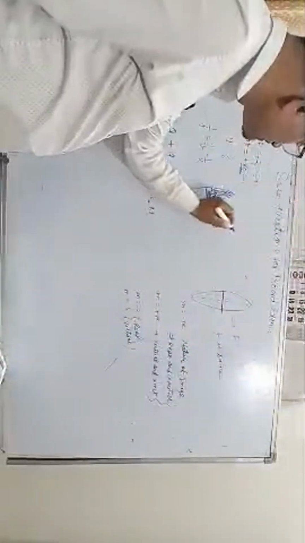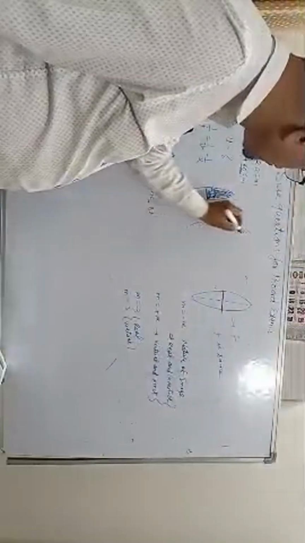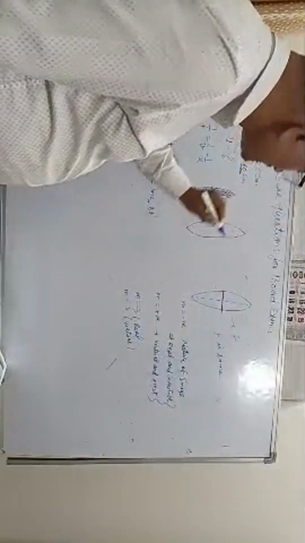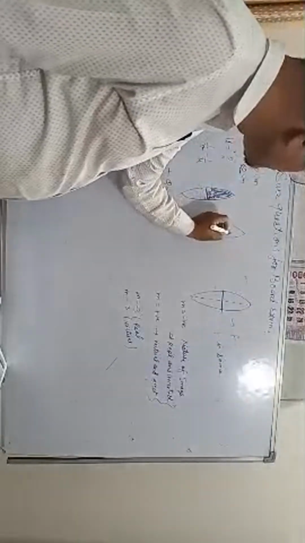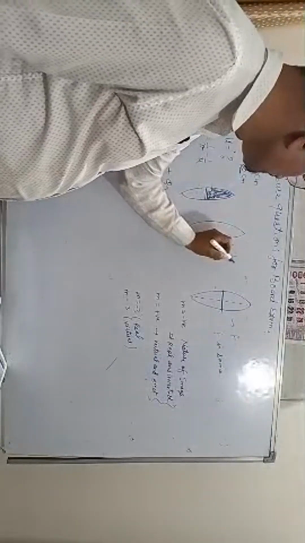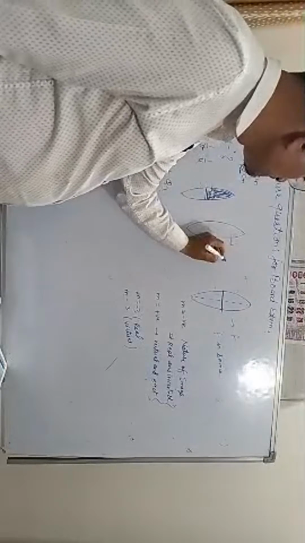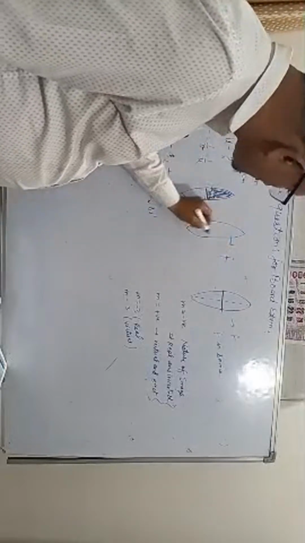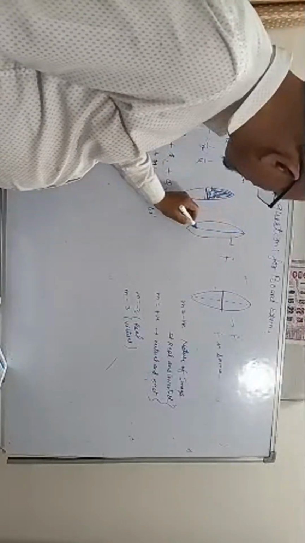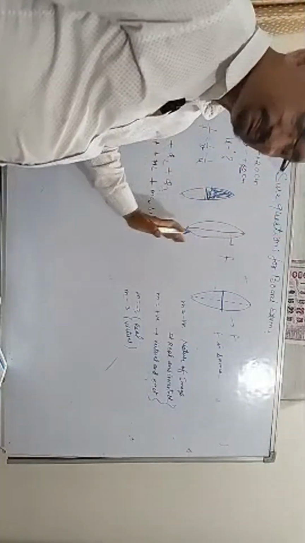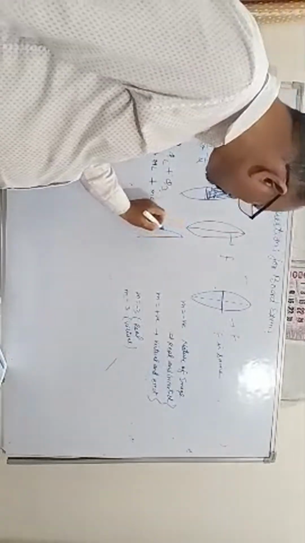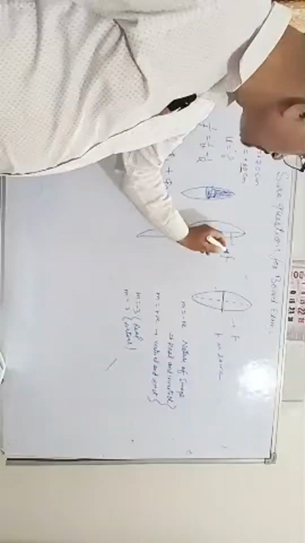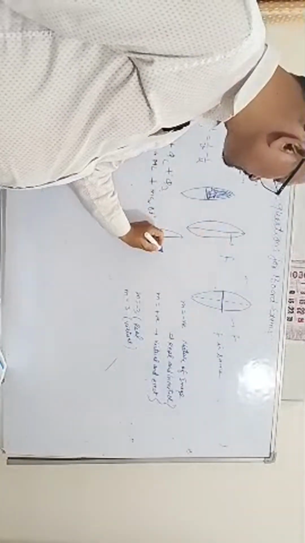Second case, this is the lens. Look at this very important question. Suppose its focal length is first f. If we cut it vertically, it forms a plano-convex lens, and the focal length will be double, 2f.